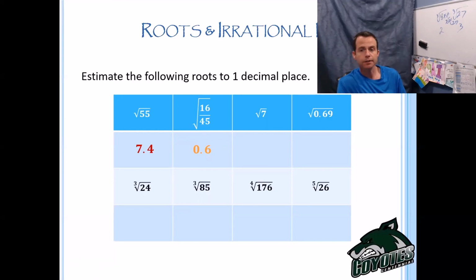Root 7, what are your guideposts there? You're looking at 4 and 9, but you're pretty close to 9, so 2.6. The root of 0.69, you could think about 0.64 as your perfect square there.